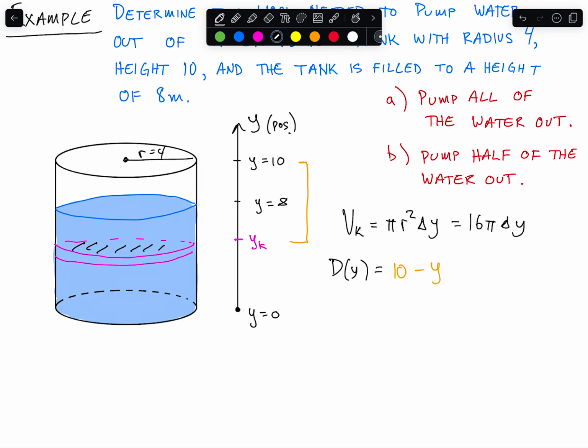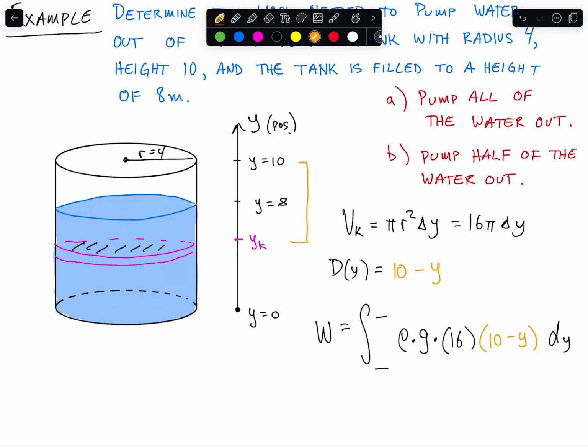So our work integral would be equal to, and let's talk about the limits of integration in a second, the density times gravity times the volume, 16 pi dy, times that distance function, 10 minus y. Now, what are the limits of integration that we need to use?